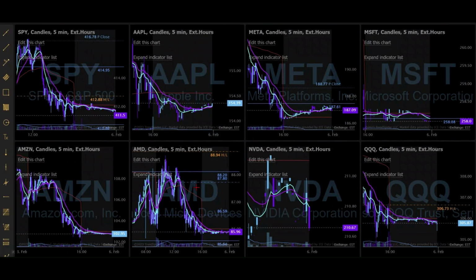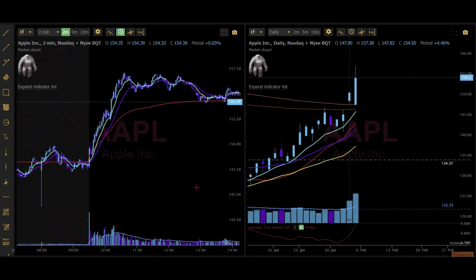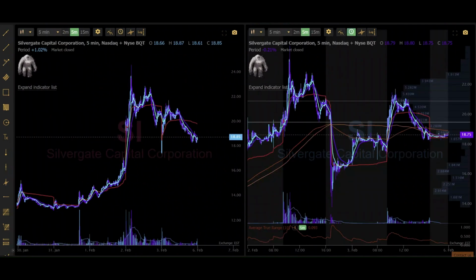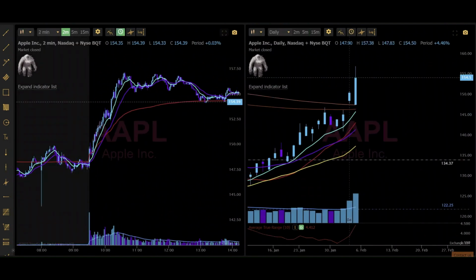But this is what I look at. I got 8 windows above, and then the main one I'm looking to trade here. And I'll set up a second tab so I can switch between the two I'm mostly looking at quickly and how I want to look at them.